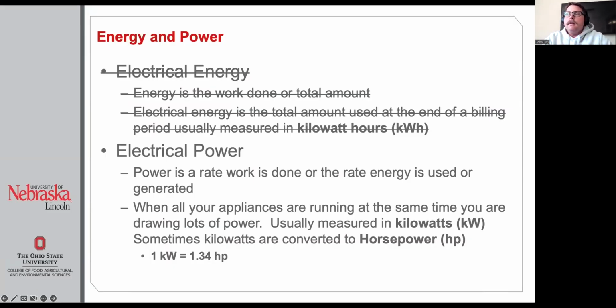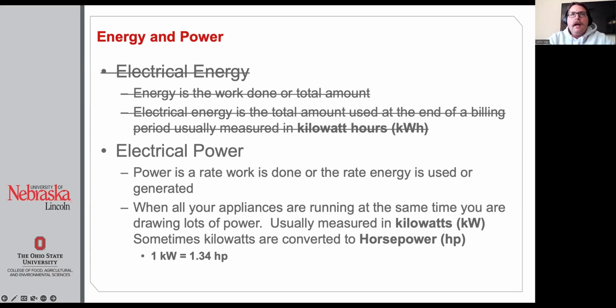When we think about demand, the utility is most interested in that peak moment in time when it comes to a demand charge, because they're interested in what you're pulling in power at that one moment in time, and that's going to be measured in either kilowatts, kW, or horsepower. They're interested in that because they have to design a grid infrastructure system that meets the demand at that peak moment in time.